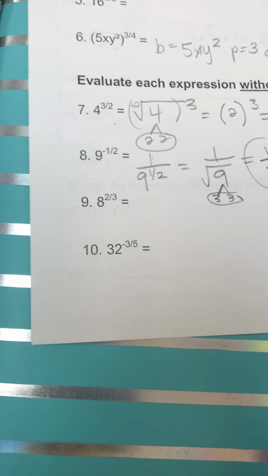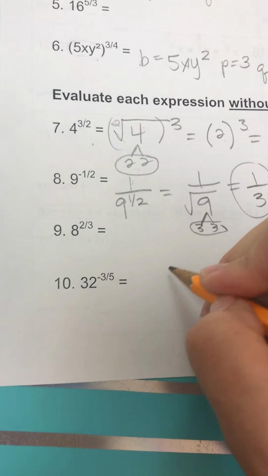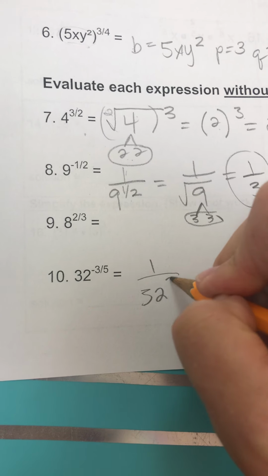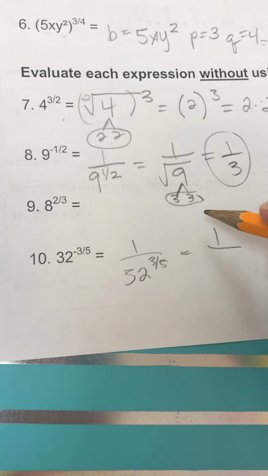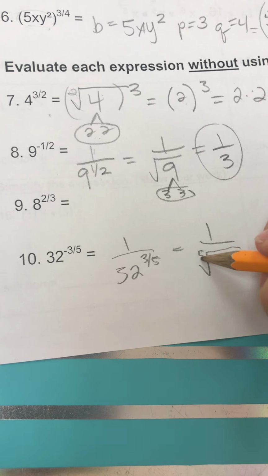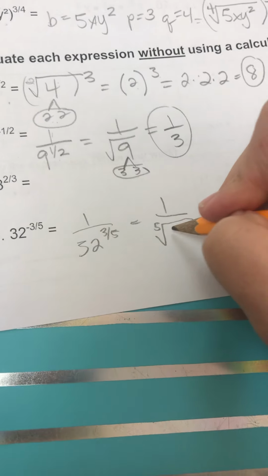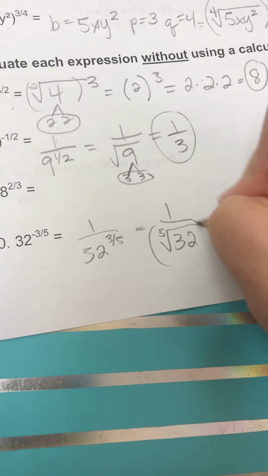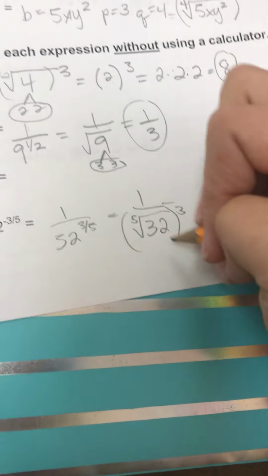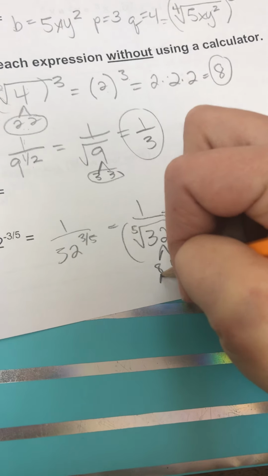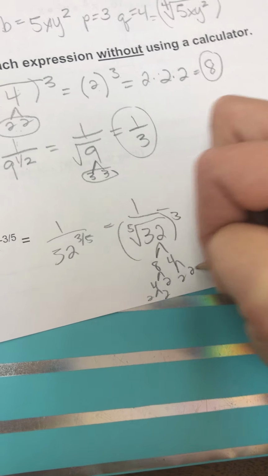Okay, so let's do 10. So 32 to the negative 3/5 is going to be 1 over 32 to the 3/5. Now you're going to rewrite it in radical form, and you're going to get the 5th root. Your q is 5, and your b is 32, and your p is 3. Now do your 32, and you're going to get 8 and 4, then 4 and 2, and you're going to get 2 and 2 and 2 and 2 and 2.